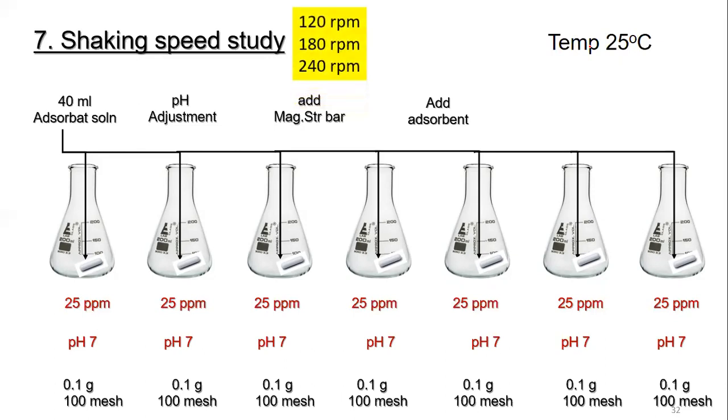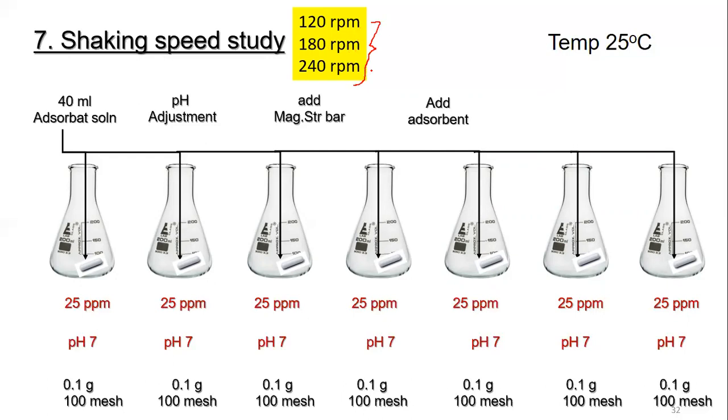But what we have to do now in this study, because we have already confirmed all these conditions, is the RPM. If you are using a thermostat shaker, they have an option where you can adjust 120 RPM, 180 RPM, 200 RPM, or 240 RPM. You can adjust these values. These are random values I have just written over here, but you can adjust whatever you want.